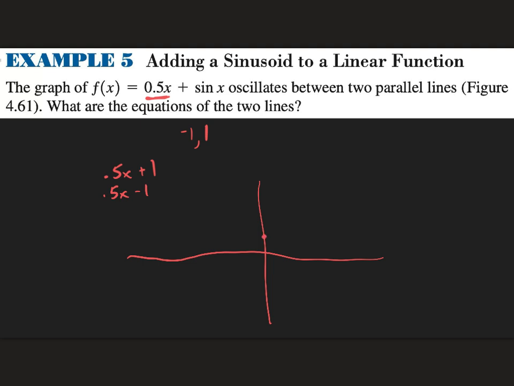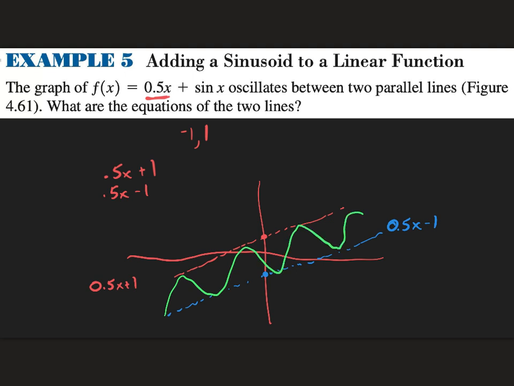So if we call this 0.5x plus 1, and we call this line 0.5x minus 1, the lowest and highest values that the sine could be, then the sine is going to do something like this. It's going to go back and forth.